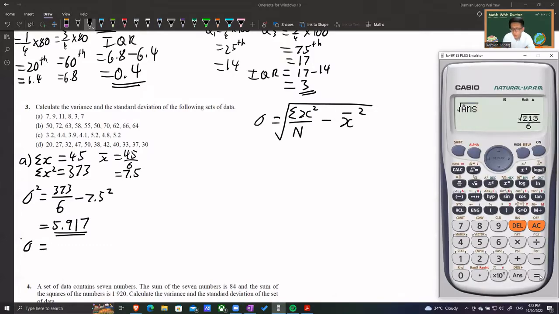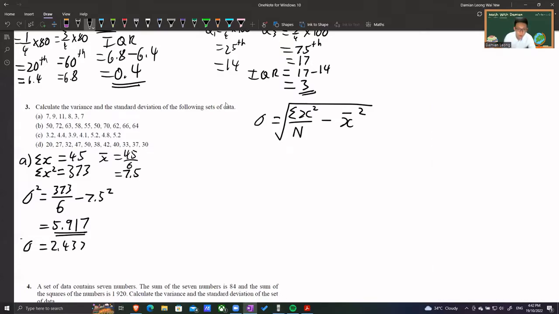So the square root of the answer, I get 2.432. That's the variance and standard deviation, so that's part A. So do the same thing for all the other parts.